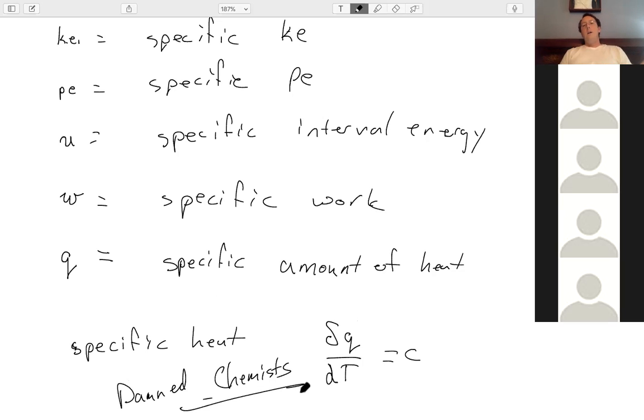So you just have to watch your language. That's easier for some of you than others. This is a term that we already know about from chemistry. I'm not going to try to reinvent that. Everyone knows it. So I will just be very careful and call this a specific amount of heat. And then specific heat actually refers to how it changes with temperature. I can't change that. That's just inherited language. All right. We'll come back to this later, but this is important to know. All right.